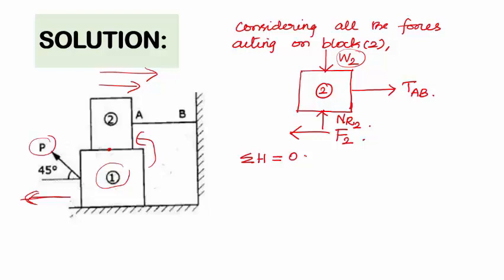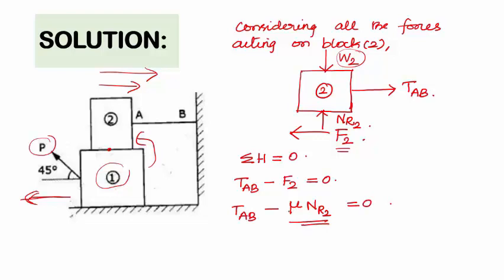TAB is acting along the positive x-axis, so TAB, and F2 is acting along the negative x-axis, so minus F2 is equal to 0. The formula for the frictional force is the coefficient of friction times the normal reaction force. Here mu is the coefficient of friction.